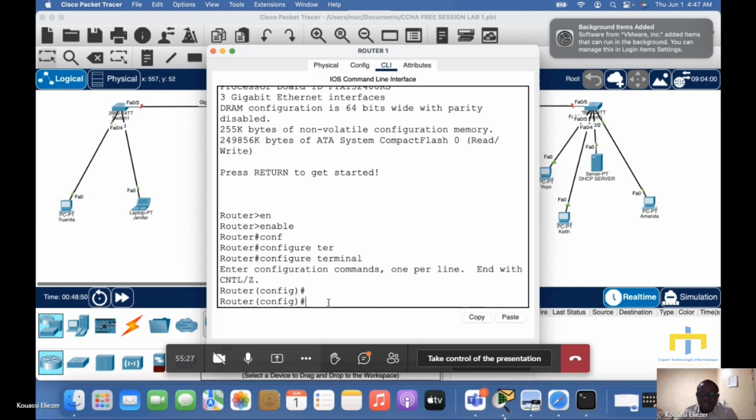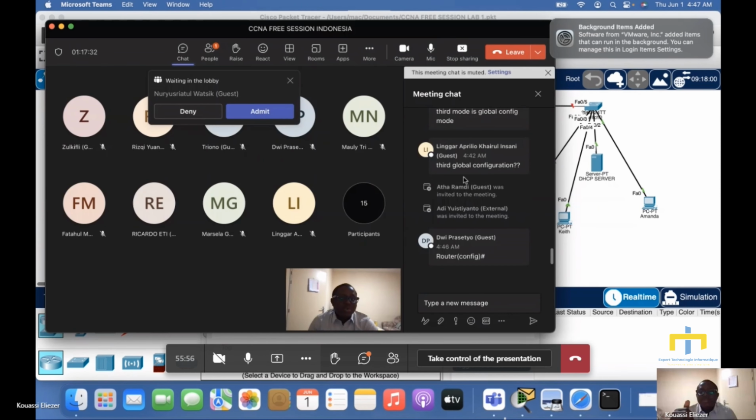So this mode is really important. Like I was saying earlier, if there is no security before you can have access to the configuration mode, then anybody who is able to connect to your router can go and modify something, and it's dangerous. That's why it's important to know the differences of each mode and how you can secure them so that not just anybody can have access, especially to the third mode.